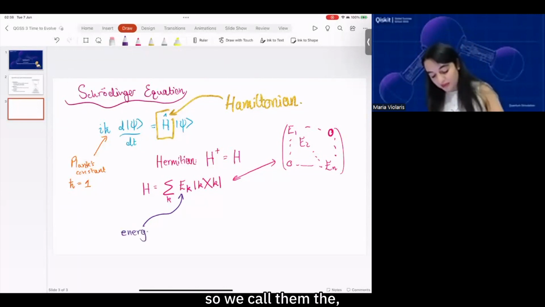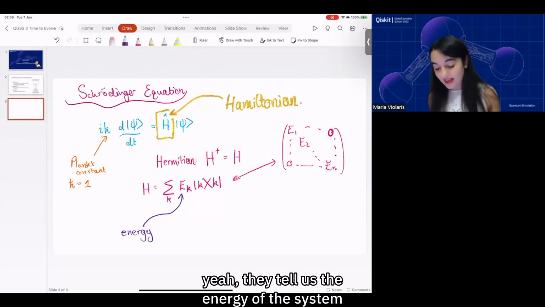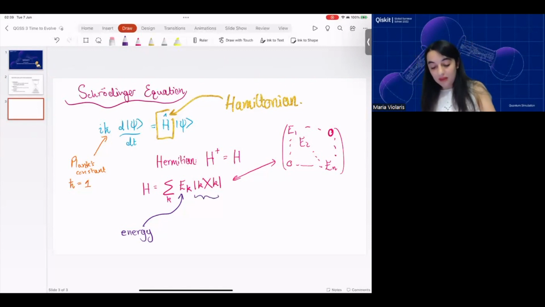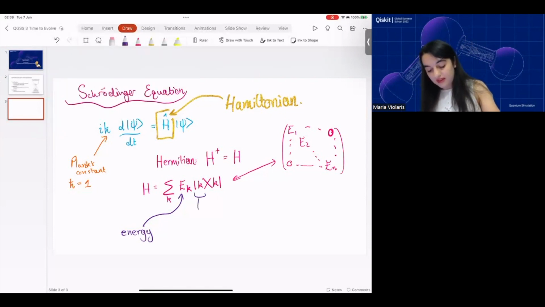So they tell us the energy of the system. And then the eigenstates of the Hamiltonian are energy eigenstates.